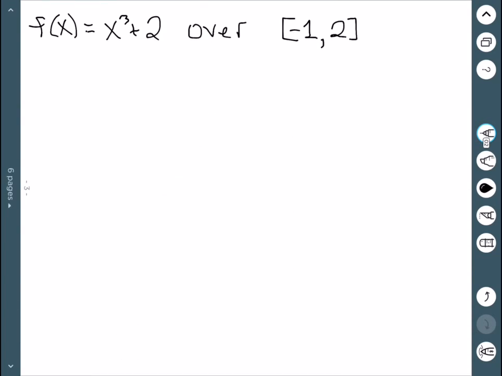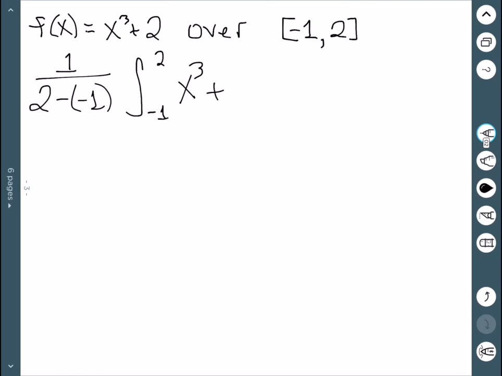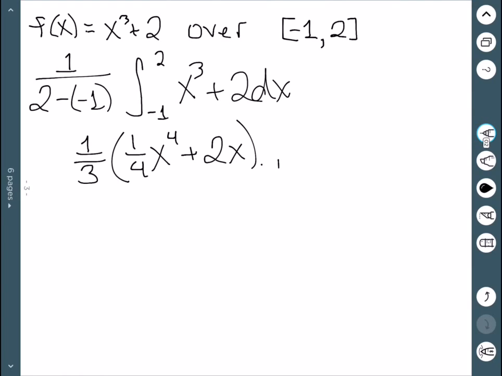We'll do another example. This time we're going over the interval from negative 1 to 2. So I have 1 over b minus a times the integral from a to b of f of x dx. So this is 1/3 times, I add 1 to the exponent and then divide by that number, and then plus 2x, going between negative 1 and 2.